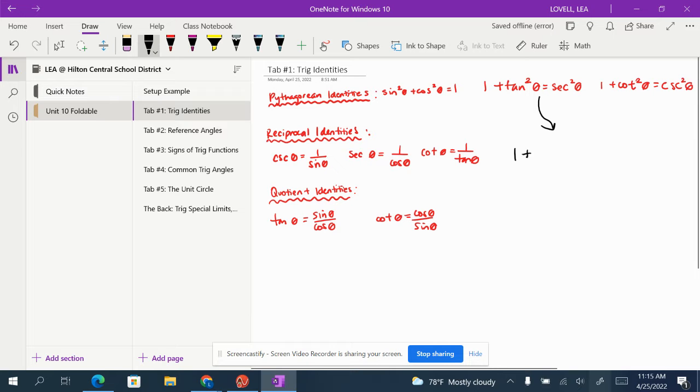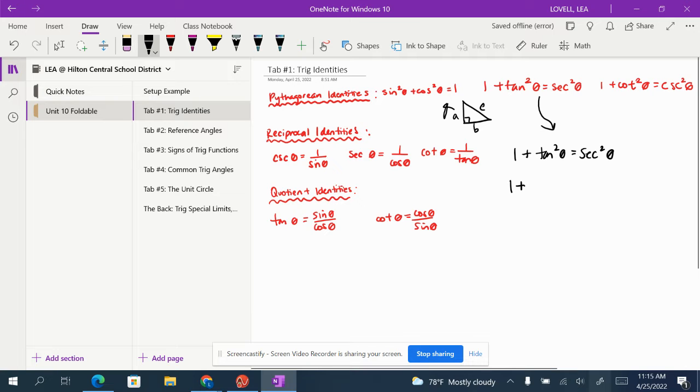So I have 1 plus tangent squared theta is equal to secant squared theta. And remember, this is derived right from the Pythagorean theorem. So if I use my knowledge of this in order to extend it to this using reciprocal and quotient identities, hopefully you'll see where I'm coming from.